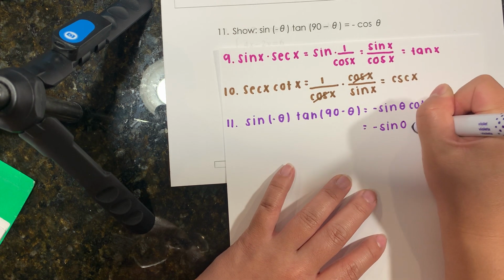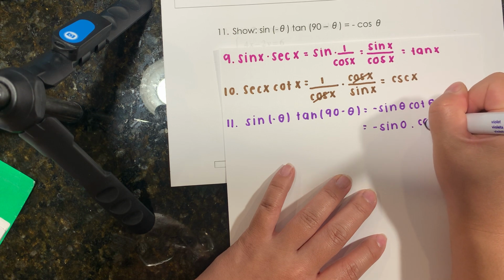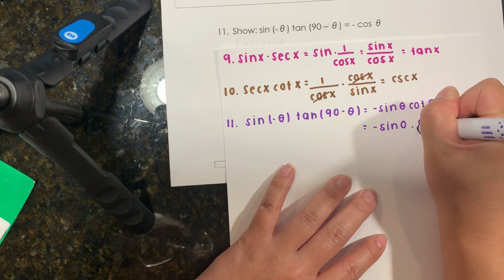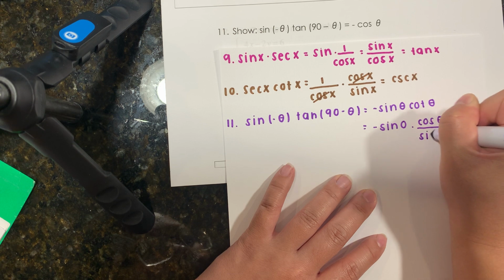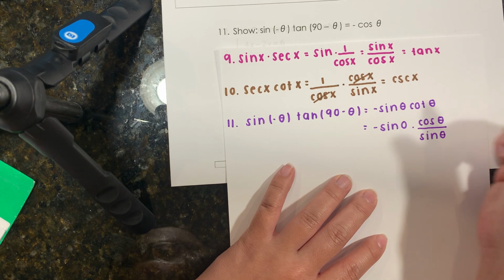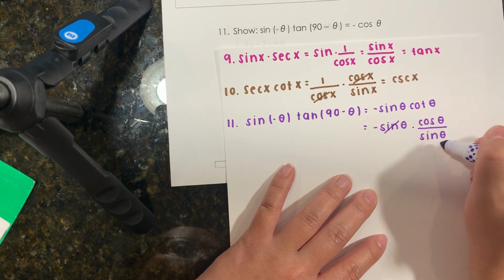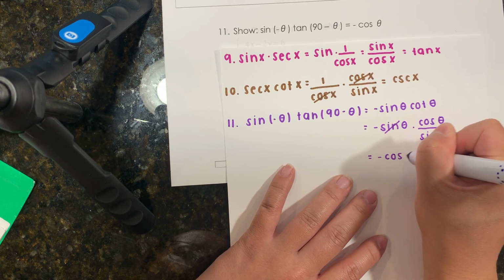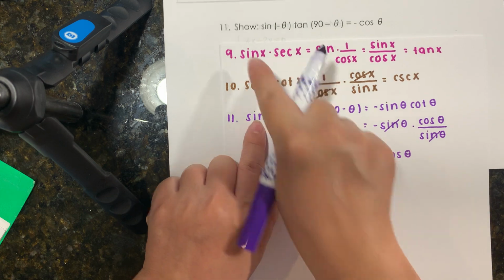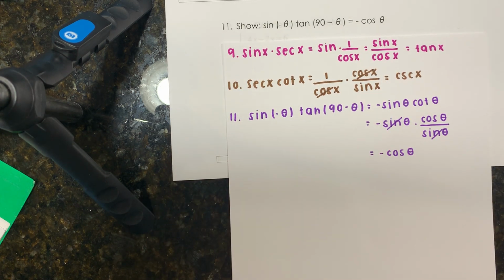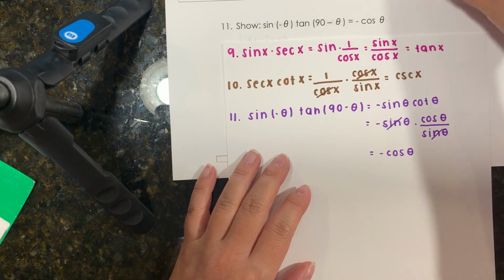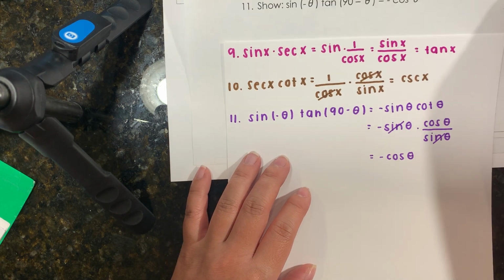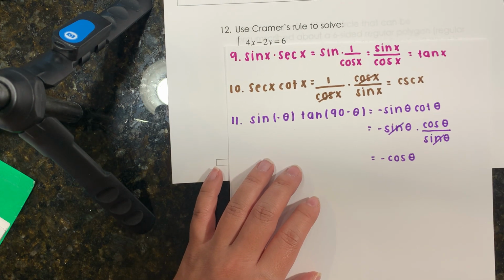Cotangent theta is equal to cosine theta over sine of theta. So you should see that the sine thetas cancel, and you are left with negative cosine theta. So the left does in fact equal the right after some manipulation. So if you remember your 2-column proofs, it's kind of like a throwback to that.